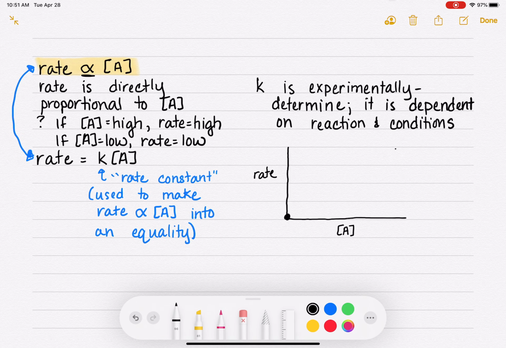And if the concentration of A is very high, the rate will be high. And this will be a linear relationship, which is awesome. And so we can measure rate versus A. The slope of this line, because it's linear, is our rate constant k.